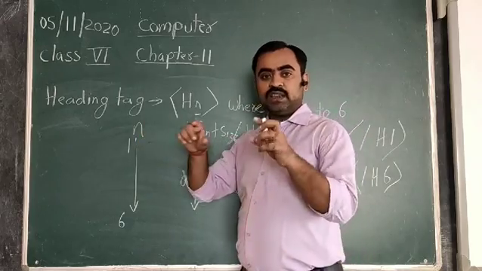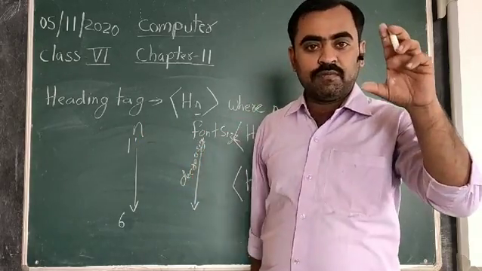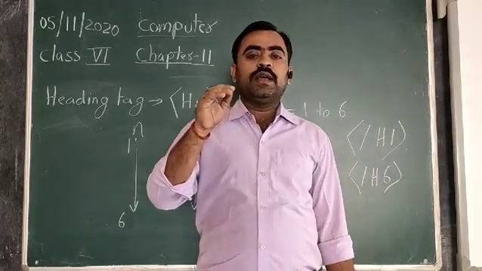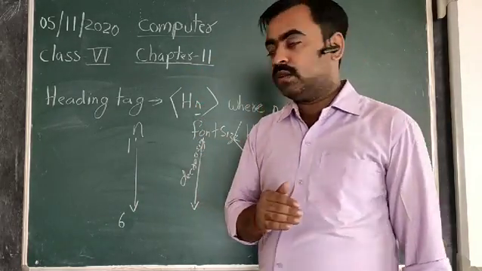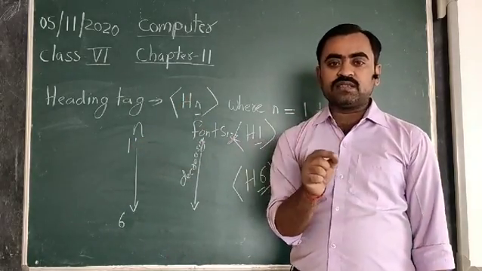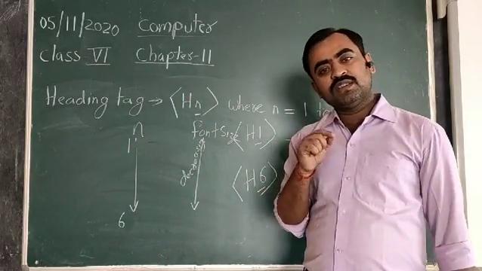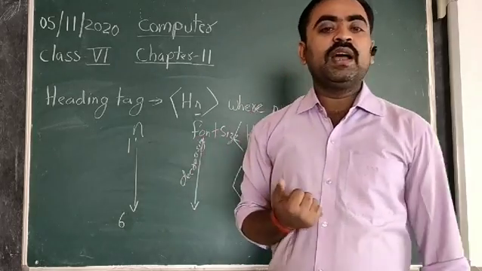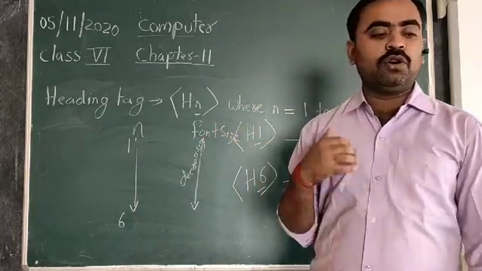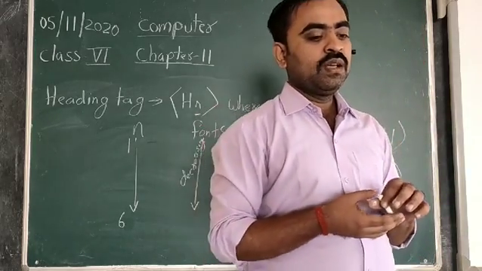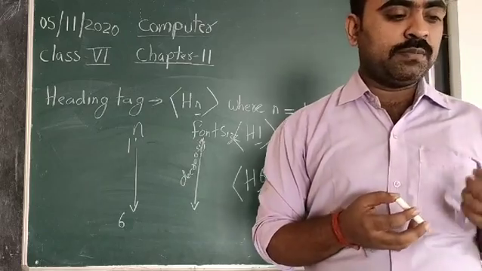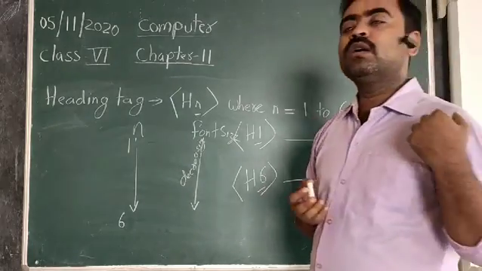If it is 1, it is displayed in a bigger font. If you use H2, in comparison to H1 it will be smaller. So it goes on decreasing, and H6 is the smallest font size which can be used in the heading tag option. So to represent any heading or any text, the heading tag can be used, and each heading label displays the text using a different font size.